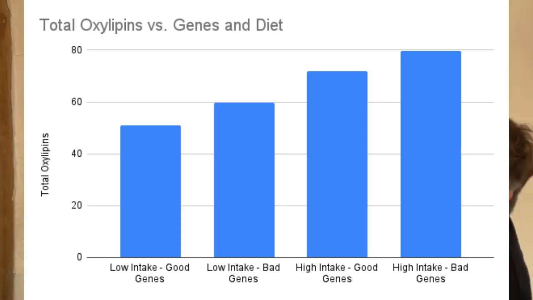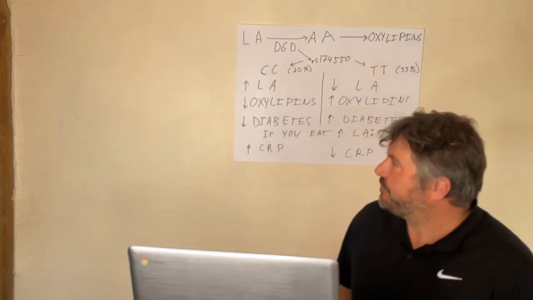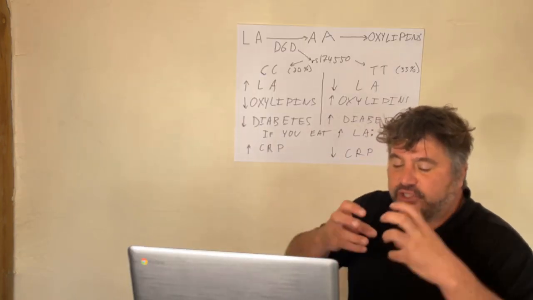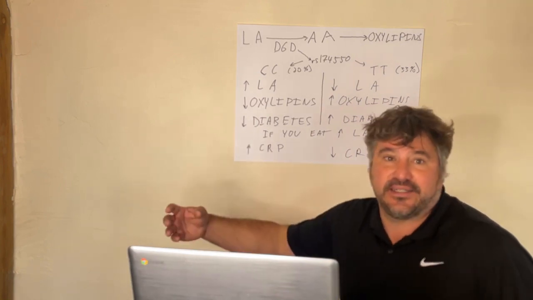And of course, people with the bad genes at 30 grams of linoleic acid have the highest level of oxylipins. And so you can see the paper talks about this effect of genes and diet, and they're both acting together.